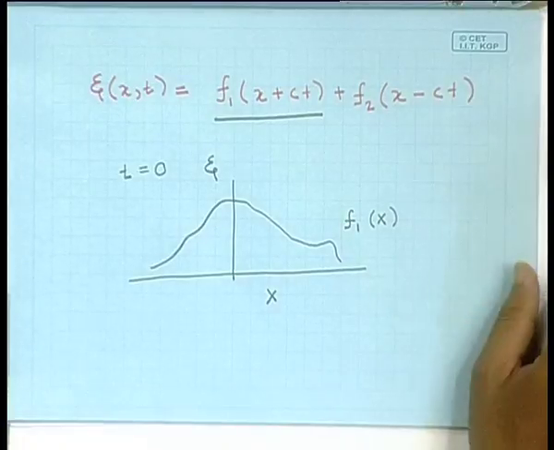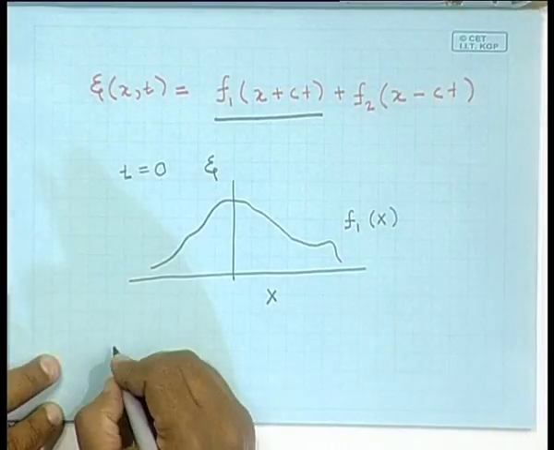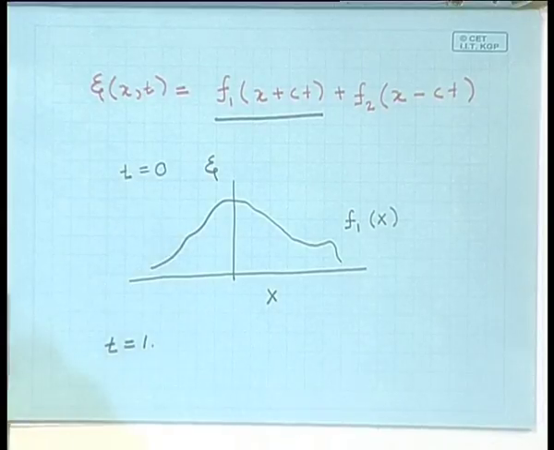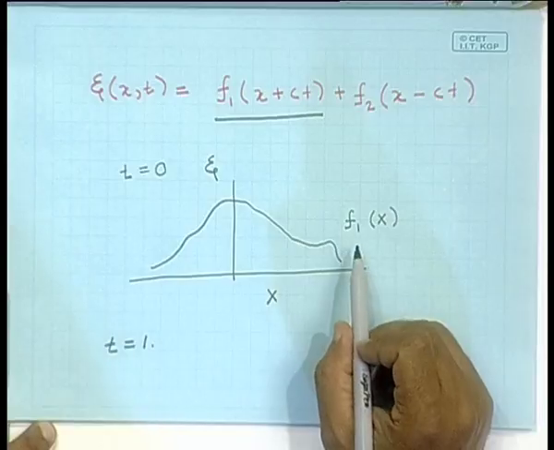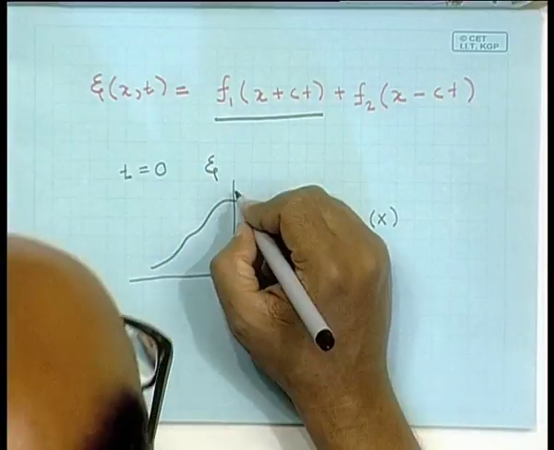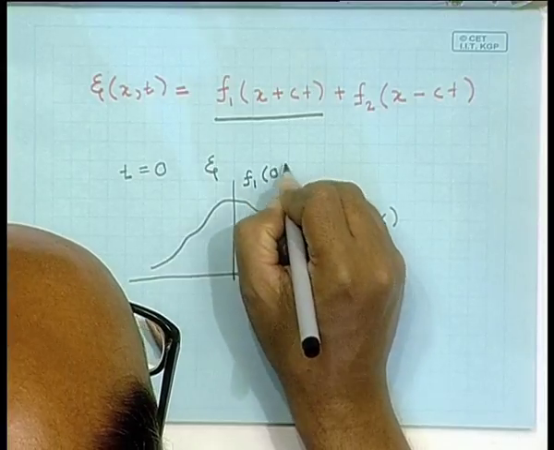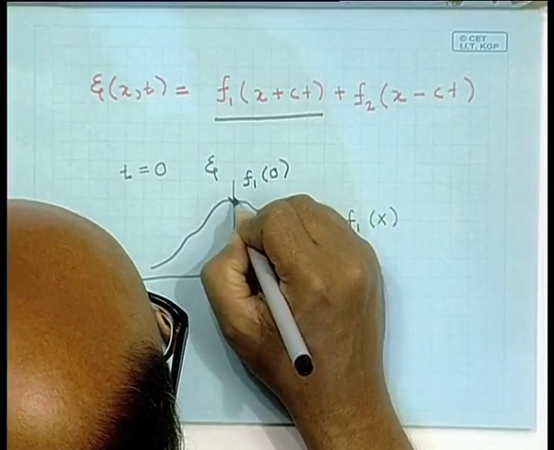Now, let us ask the question, what will xi look like at t equal to 1? Let us ask the question that xi has a particular value f1(0) at this point at t equal to 0.